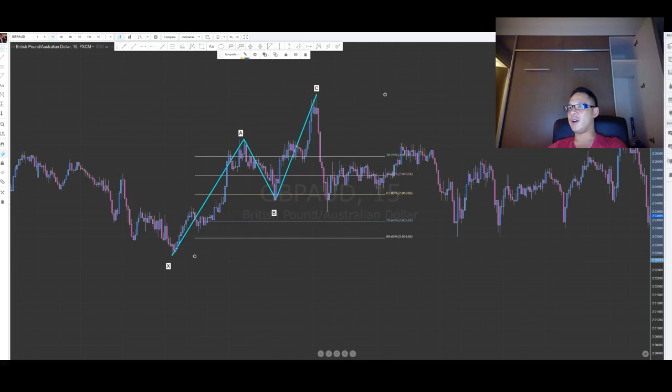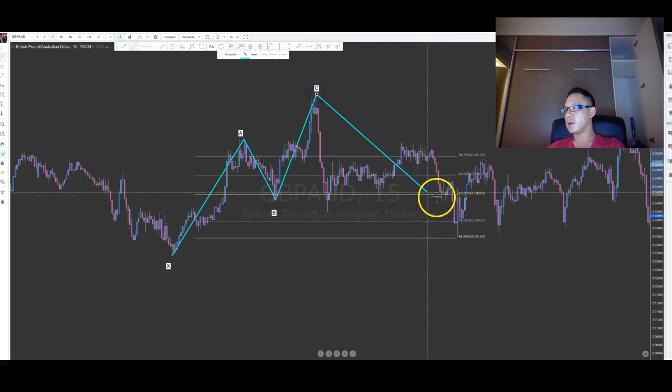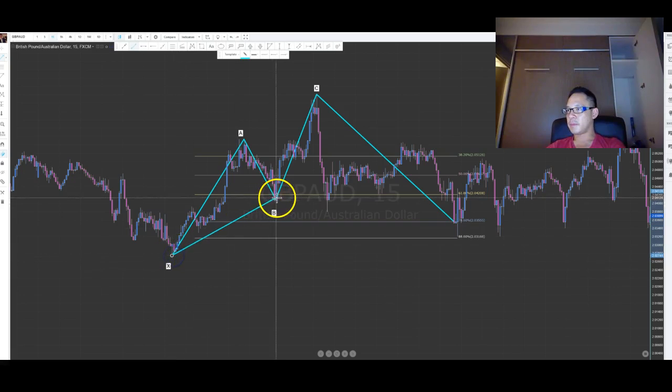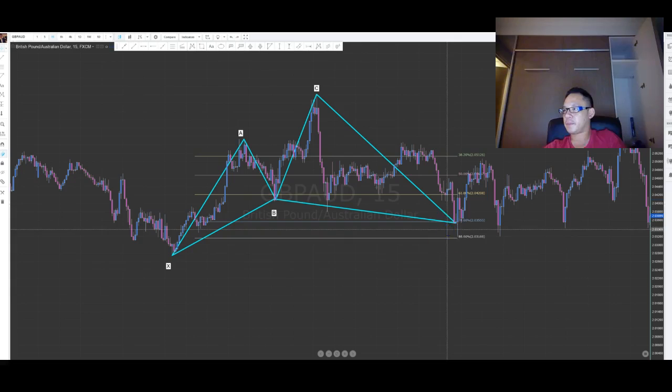It doesn't really matter how far this goes on. If I move this cursor over a bit, you find that we get completion at this level. You do D leg, the completing leg. You get the Cypher pattern as so. So that's your Cypher pattern.